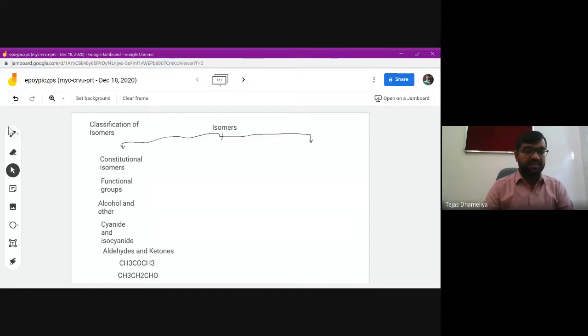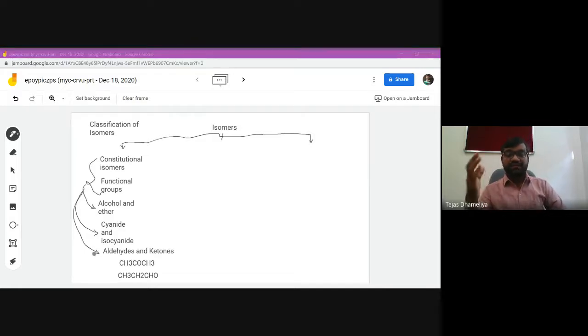So these constitutional isomers, functional group isomers, are classified with examples like alcohol and ether, another example cyanide and isocyanide, and a third example aldehyde and ketone. These molecules have different functional groups. Ketone and aldehyde have different physical and chemical reactivity. Some compounds give a positive Tollens test, some compounds do not give this kind of result.